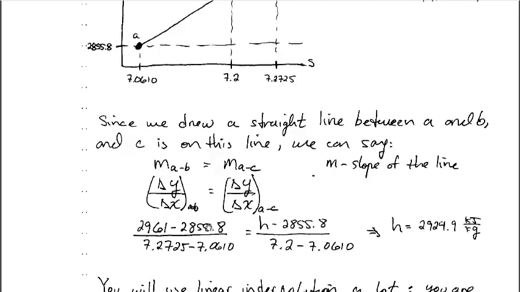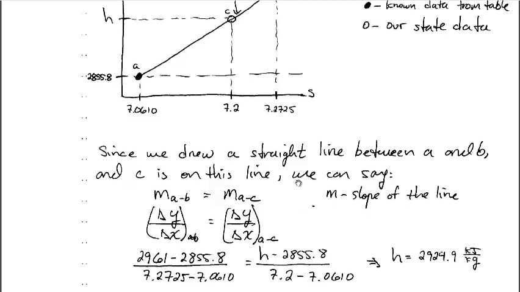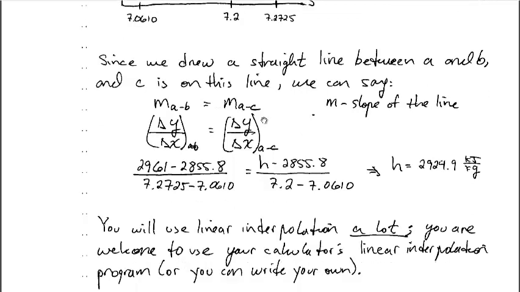And then the change in y of AC is h, that's what we're trying to solve for, minus 2855.8, and the change in x of AC is 7.2 minus 7.0610. So when we plug all of this into a calculator, we get that the enthalpy is equal to 2924.9 kilojoules per kilogram. And so that would be the enthalpy of our state based on linear interpolation.